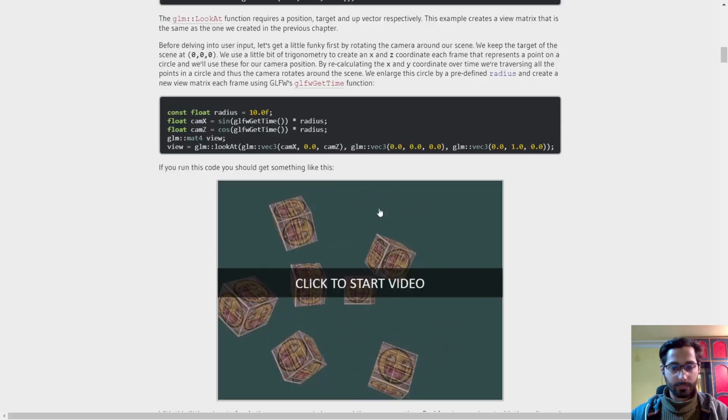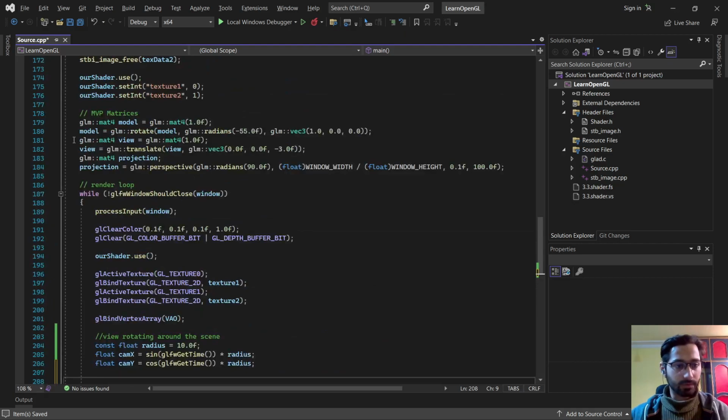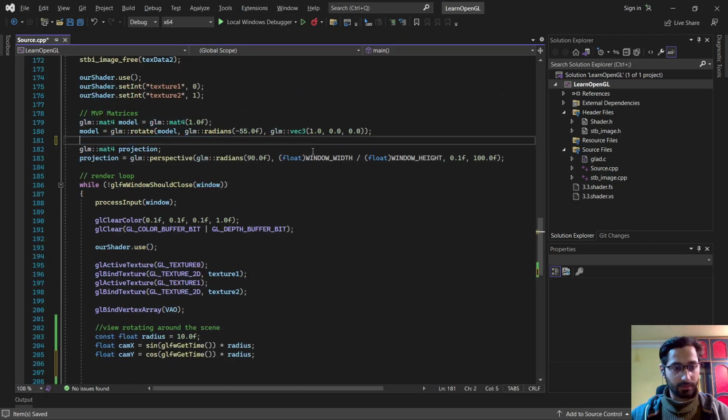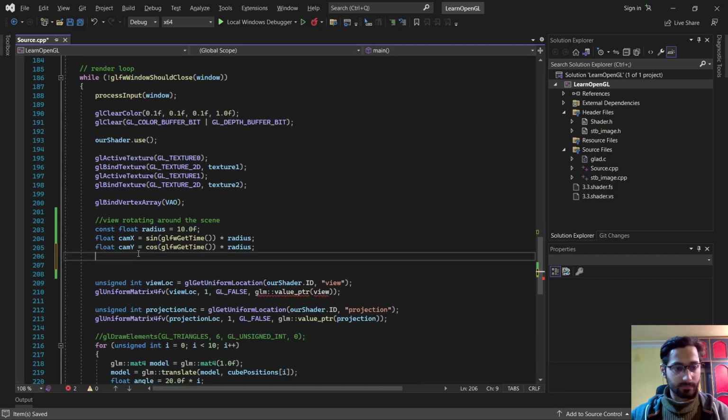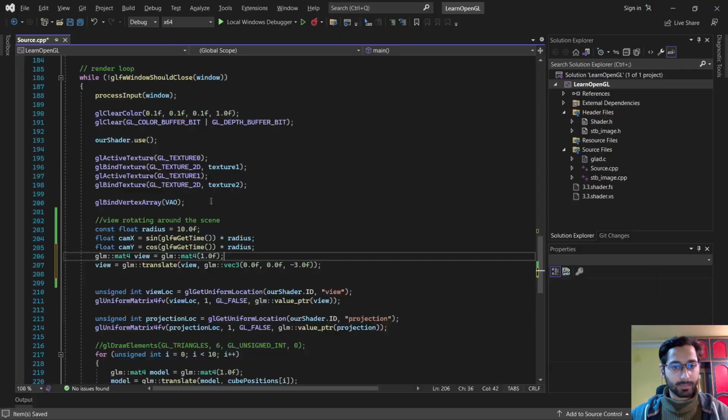And then we create the view matrix, which we were doing up here. You can just bring it all down. A glm::mat4 for view. So I guess in this case we don't need to initialize it.